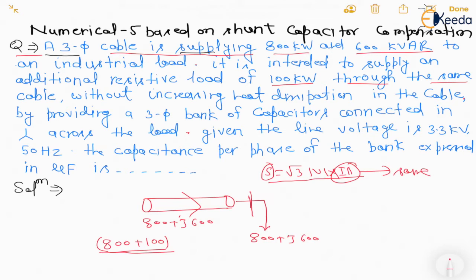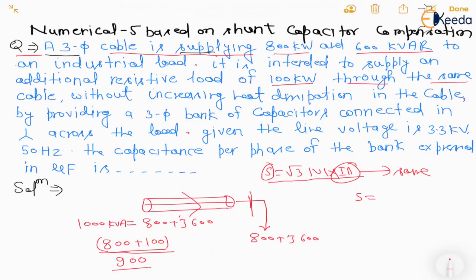So if S needs to be constant, the P value is now 900. What amount of reactive power will the cable still provide? The magnitude of the total power is the same, 1000 kVA. So it is still supplying 1000 kVA, but the active power is 100 kilowatt more.